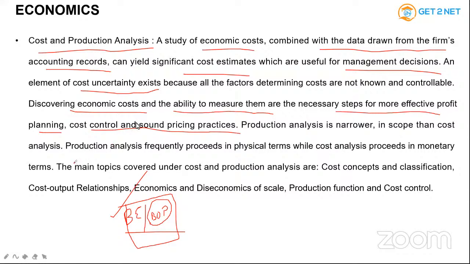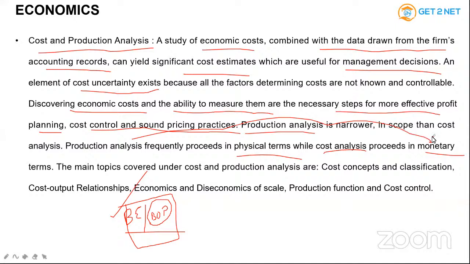Now see, when we are talking about production analysis, it is very narrow in terms of scope, in terms of vastness, because it will be related only to production, in physical terms. But when we are talking about cost analysis, we are talking about monetary terms. Everything is included in there. In fact, production cost is also included here.